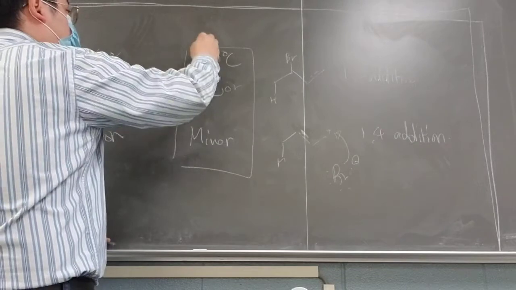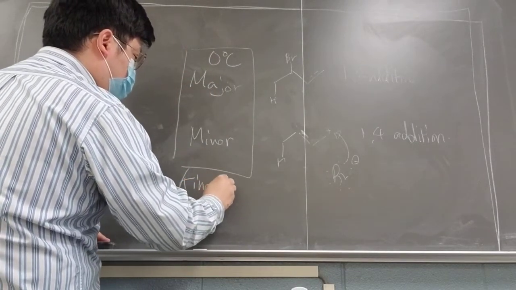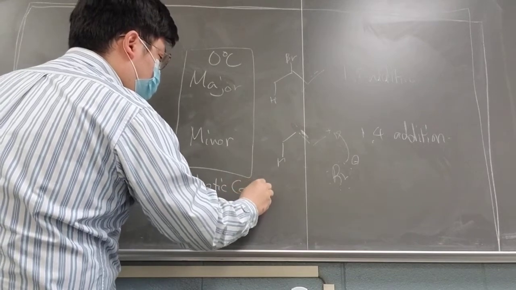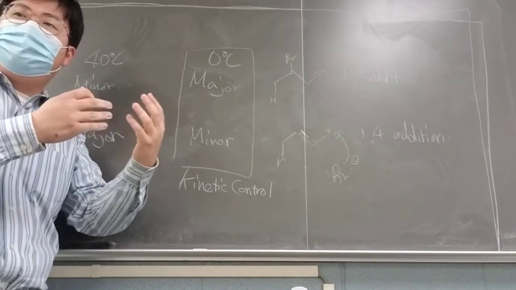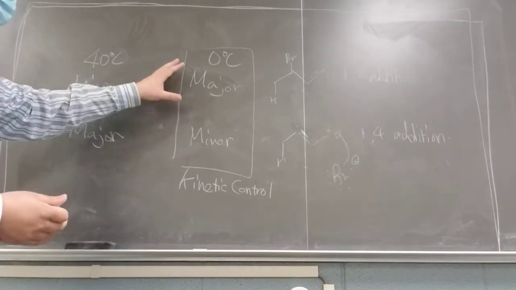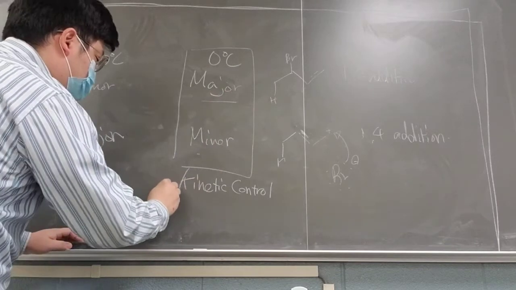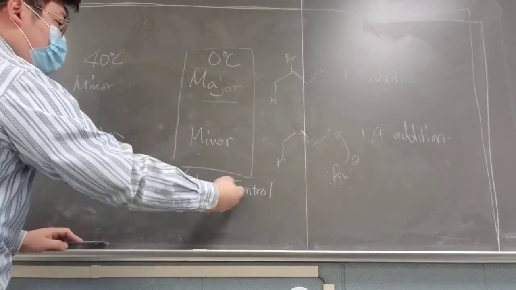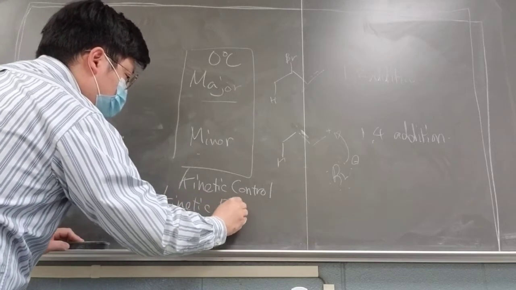So this is the one that we're gonna call kinetic control. So if you have two products from this diene, we're going to call this the kinetic product. So this is coming from the kinetic control.